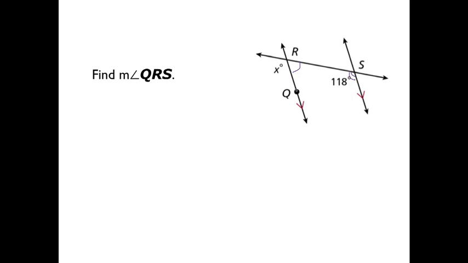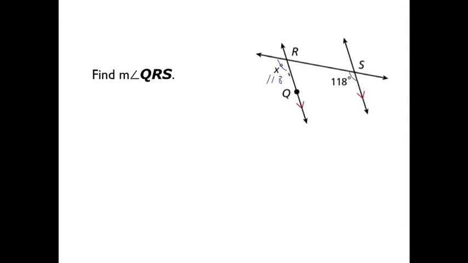Another option that I can use here is to say that angle X and the 118 degree angle are corresponding angles, and by the corresponding angles postulate, they have to be congruent. So then I could say that angle X is 118, and that the 118 and angle QRS form a linear pair, and so they have to add up to 180.